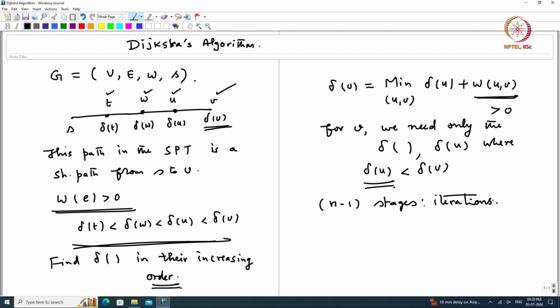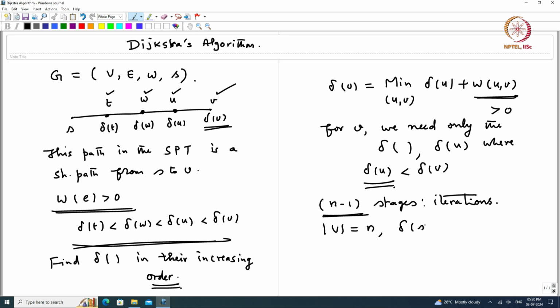In each iteration we identify one vertex whose delta value, that is the shortest path weight, is determined. We fix one vertex in each iteration. That is the reason why we have n minus 1 iterations, because the cardinality of V is n.